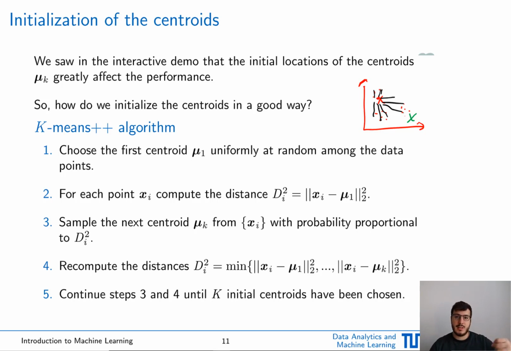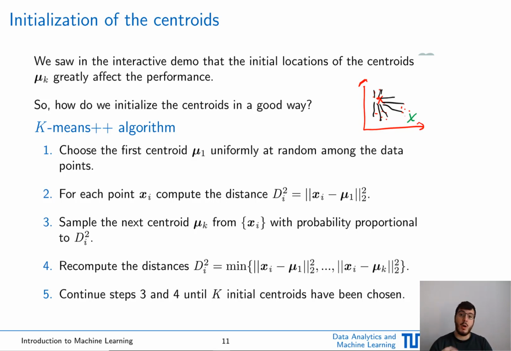Here you might wonder, why don't we just simply choose as the second centroid the data point which is furthest away from the first centroid? And yes, this is potentially reasonable, but it turns out that if you do this probabilistic sampling, you get slightly better theoretical guarantees. But as I said, I'm not going to go into details for this. Okay, and then what do you do for the next set of centroids? Well, now again, for each of the data points, you compute the distance to both of the centroids.